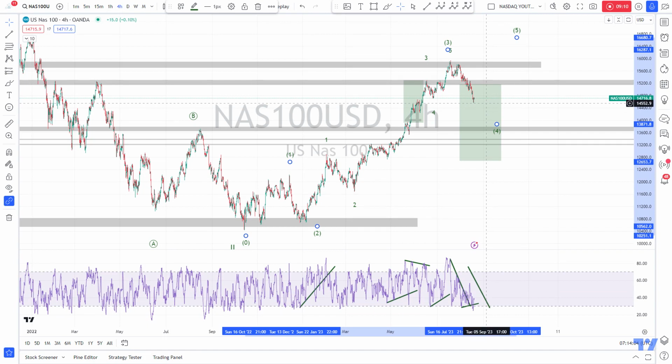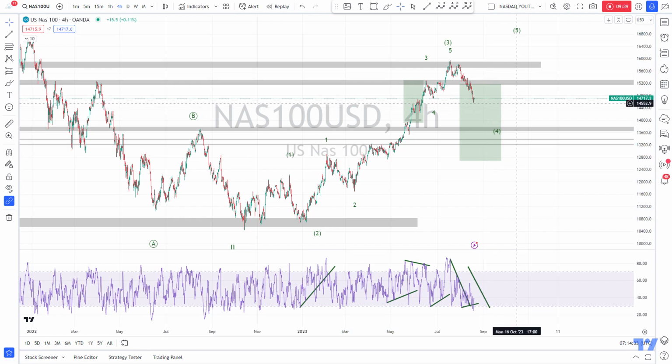You have to be aware of some scenarios and be prepared for each scenario that plays out, because the future is uncertain, and Elliott wave count just helps us to structurize this uncertainty, and to deal with it, to make sense of it, to do anticipation, and to do our entries.